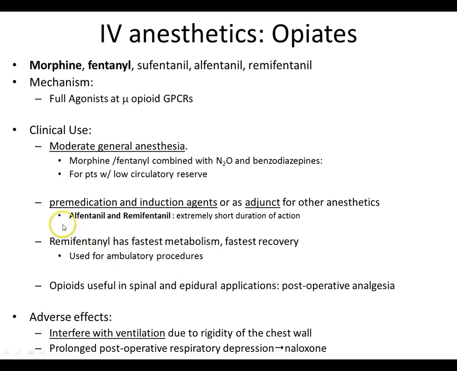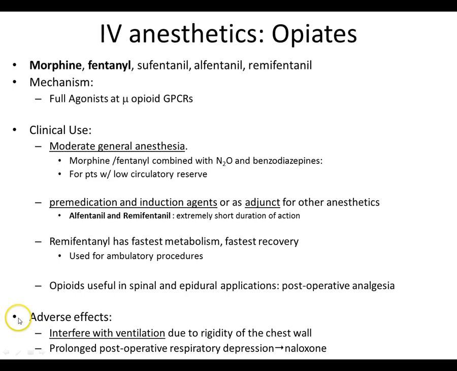And if you remember, the addition of an opioid is going to lower the MAC value required for the inhaled anesthetics like nitrous oxide. So opioids are also very useful in spinal and epidural applications and for post-operative analgesia. So again, they can be combined with these other anesthetics in many ways.